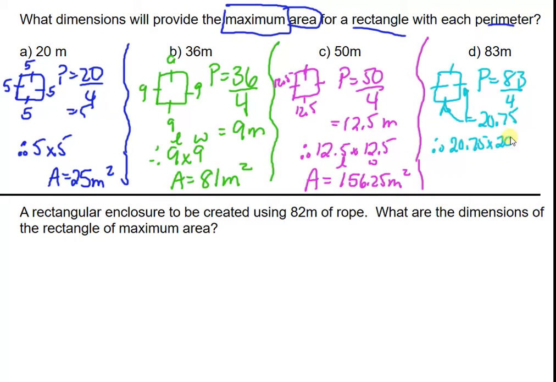The width is 20.75. And the area, all we'd have to do is 20.75 times 20.75, and we get 430.5625 meters squared.